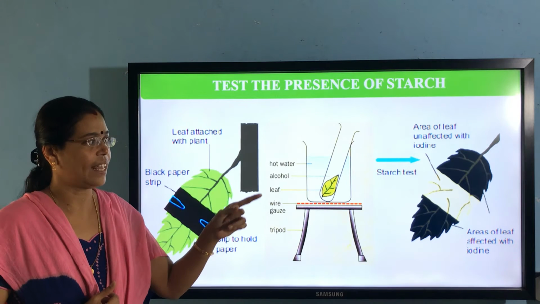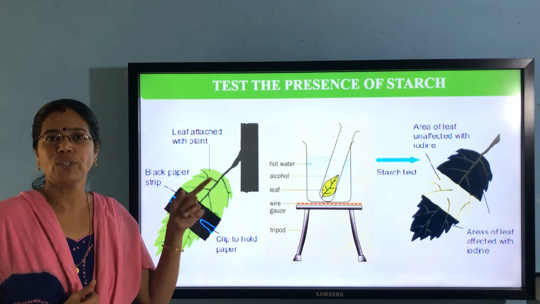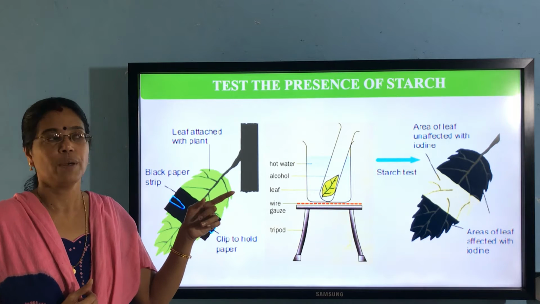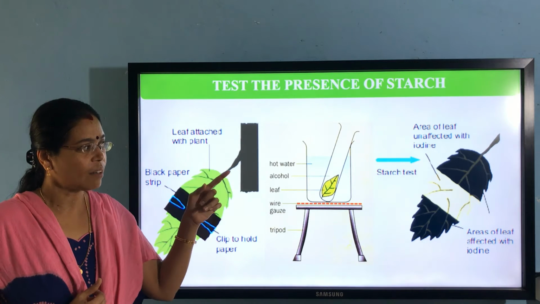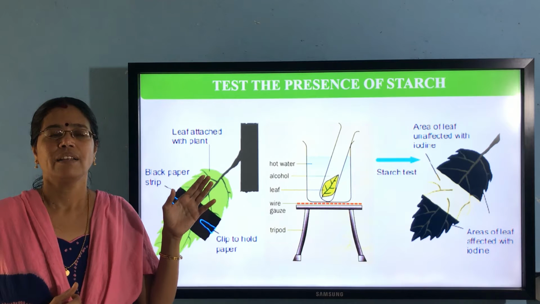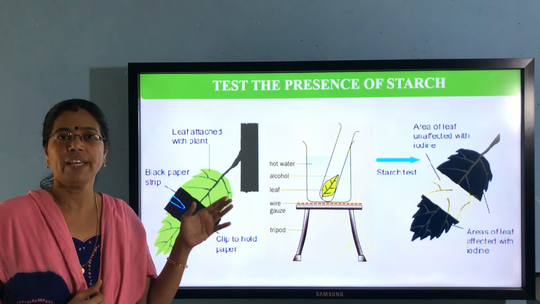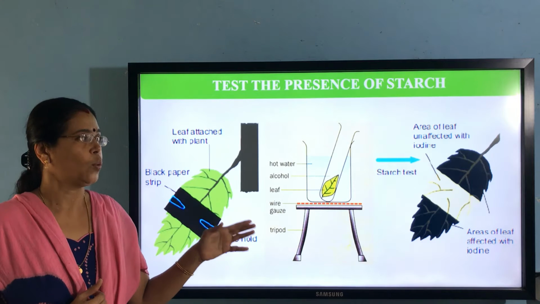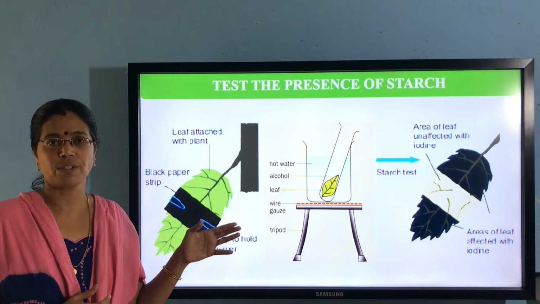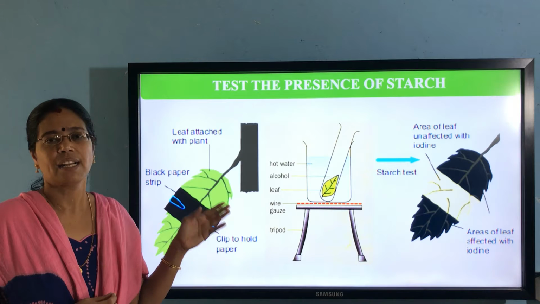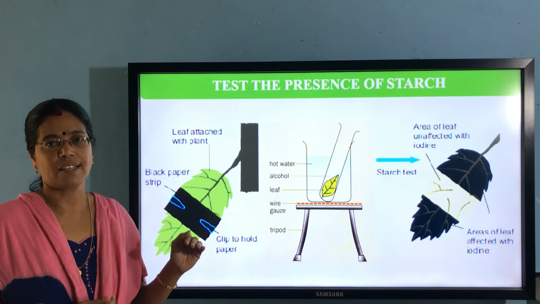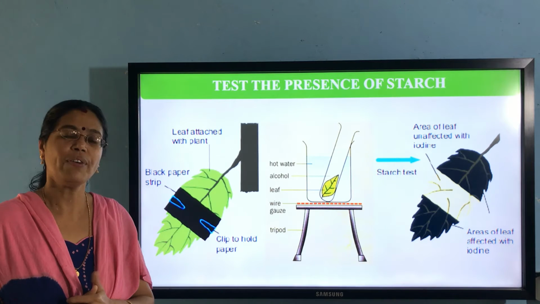But in the covered area there is no sunlight, so photosynthesis does not take place, and that is why the covered area remains without any color change. From this activity we come to know that during photosynthesis the plant prepares carbohydrate in the form of starch and stores it in the leaf.